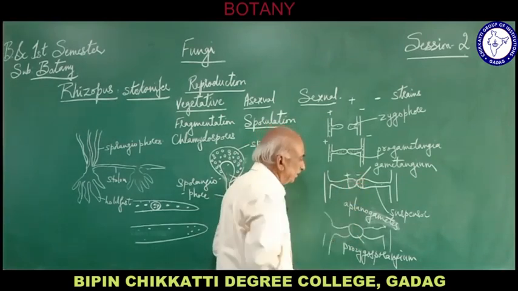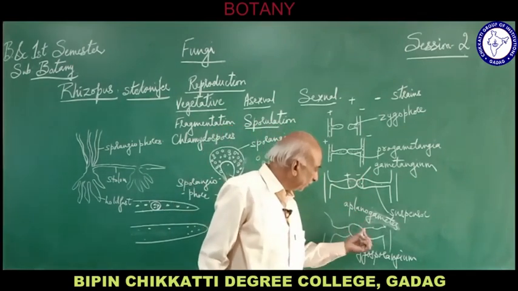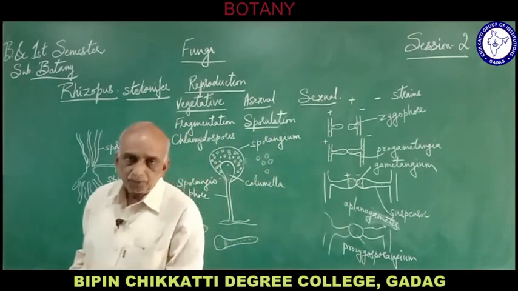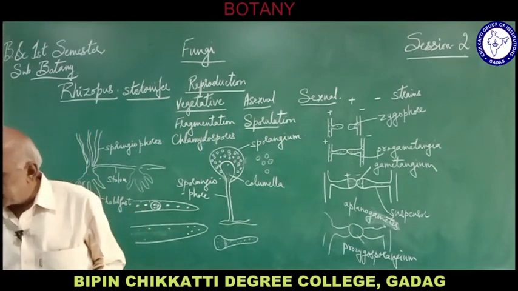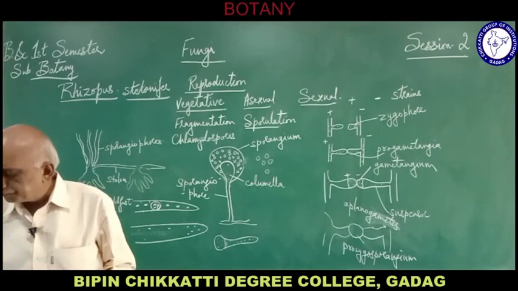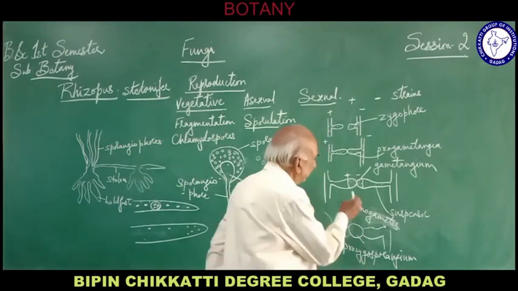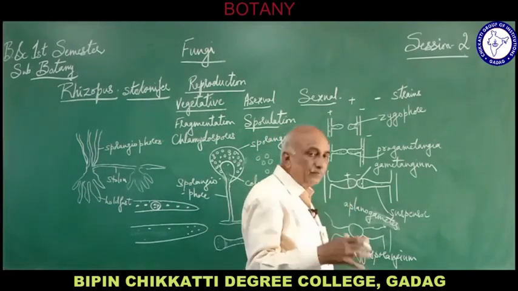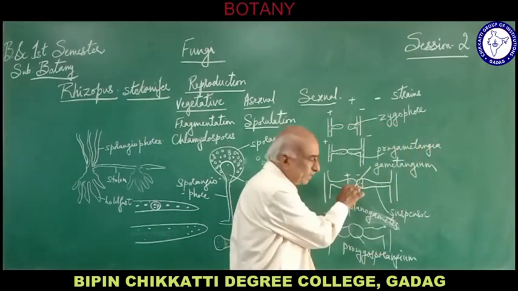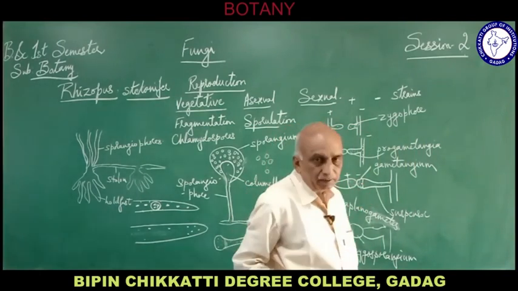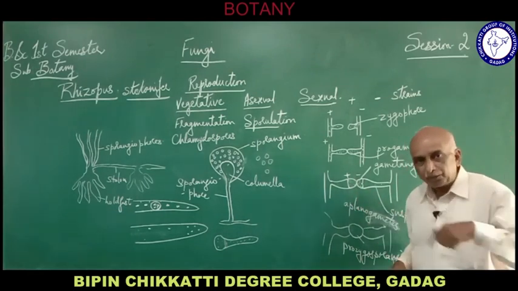These two gametangia form gametes, called aplanogametes, which fuse and form a structure called the prozygosporangium, which is nothing but like a zygote. Here the nuclei of the plus and the minus fuse with each other. Suppose there are 10 nuclei here, just for example, and also 10 here. Each nucleus of plus type and minus type will fuse and form a single nucleus.